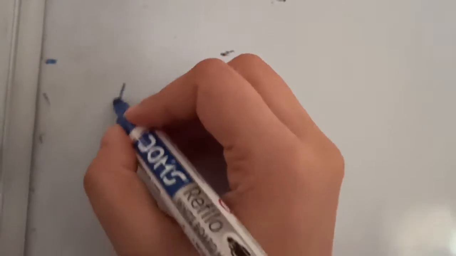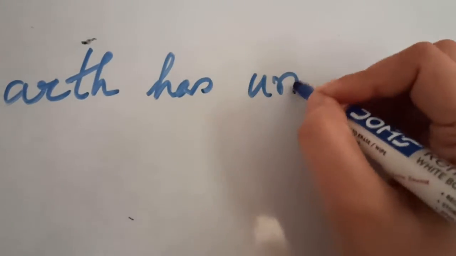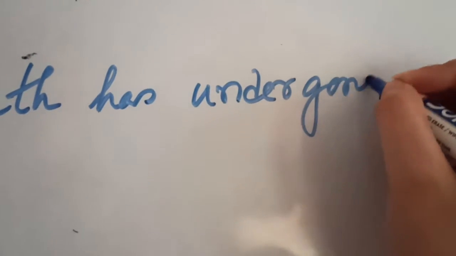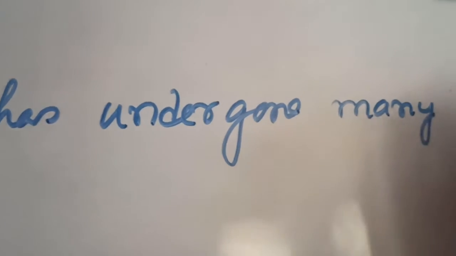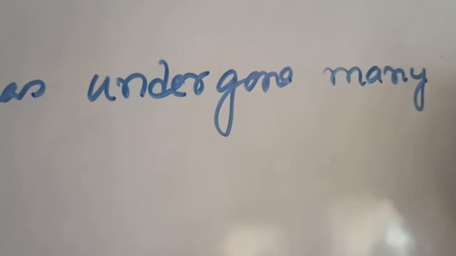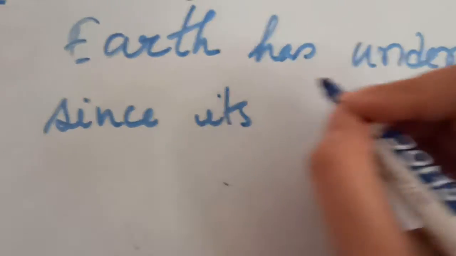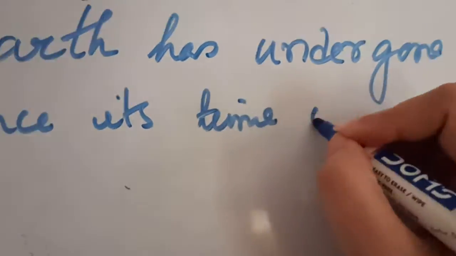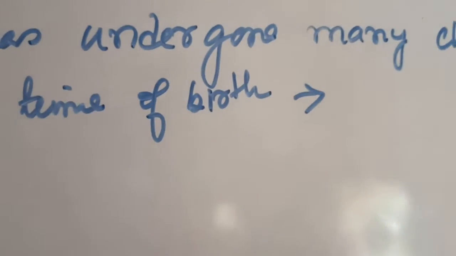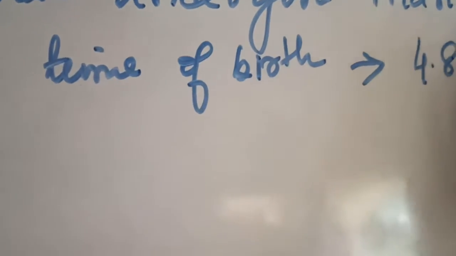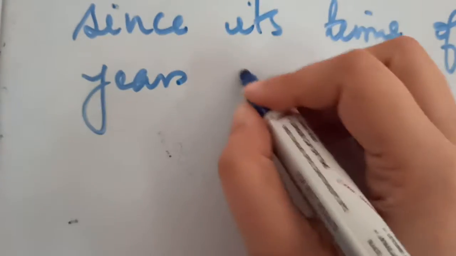So our planet earth has undergone many changes since its time of birth, which is about 4.8 billion years ago.